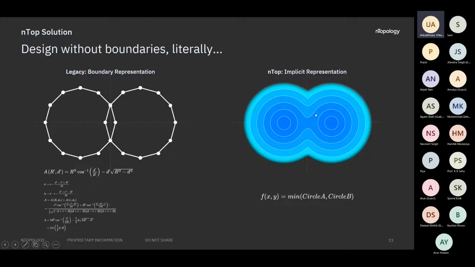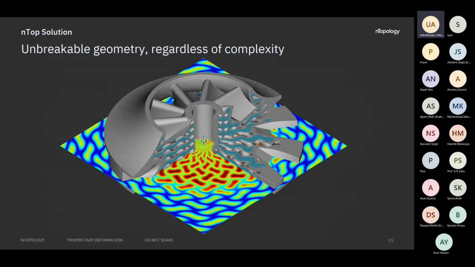But in nTop, it's not like that. Here, it's a marriage of two equations, and you can see how beautifully it can detect the intersections and allow that area to be controlled independently of the circles inside. So it's an equation of circle A and B, and you can control these parameters very parametrically. So it's not like you are losing that parametric nature of CAD modeling. It is still parametric, but very simple to operate.